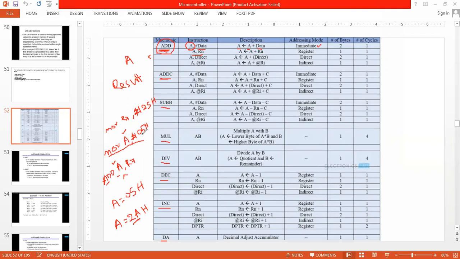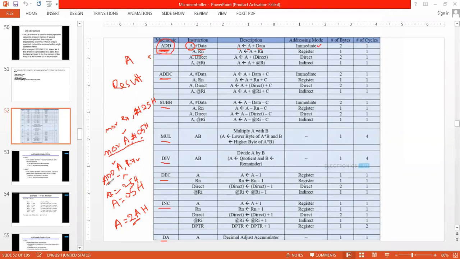Okay, so now what will happen? What is the value of R7? It is 25H for the first instruction. Then the value of A is going to be 05H, and after the third instruction, the value of A is going to be 2AH, and the value of R7 is not going to be changed here.